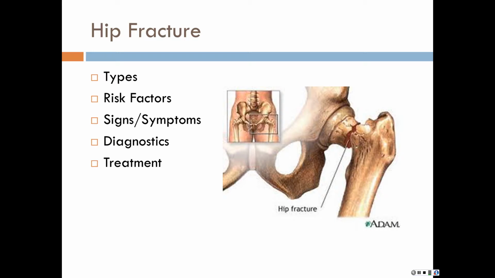We talked about how there's a high mortality rate 1 year post-operative, that a lot of times people who have hip fractures end up dying within that first year to 5 years, mostly because of the complications of having hip fractures, such as immobility, which can lead to DVTs and pneumonia and things like that. The different types of hip fractures are intercapsular and extracapsular.